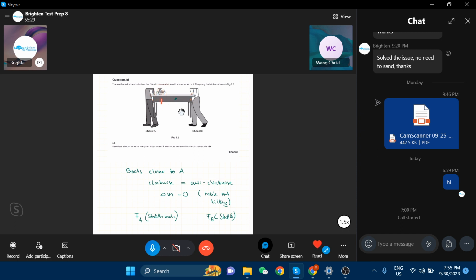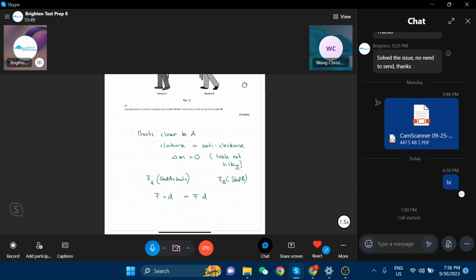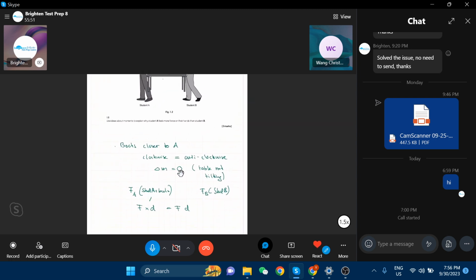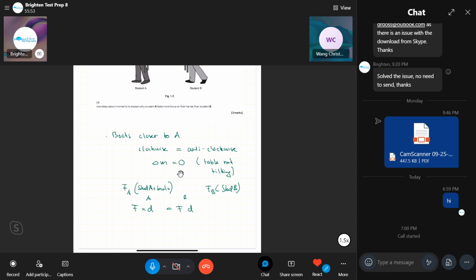So when we talk about moment, like you said, moment is force times distance, and they are clearly in equilibrium, right? So situation A is equal to situation B. But we know that force A is larger than force B because of the books, right?